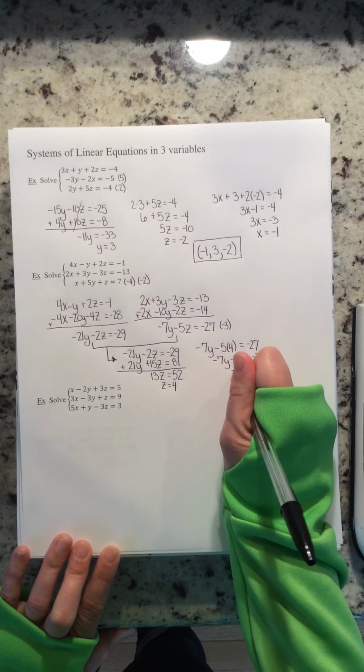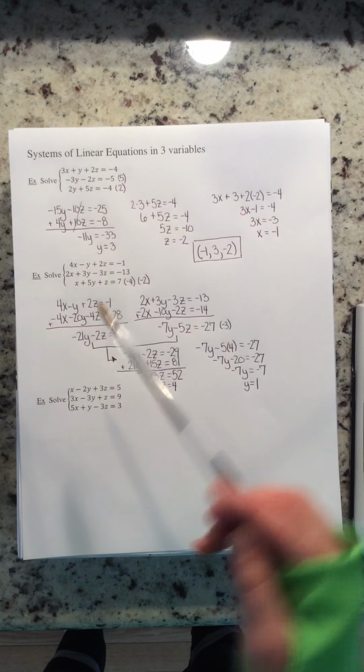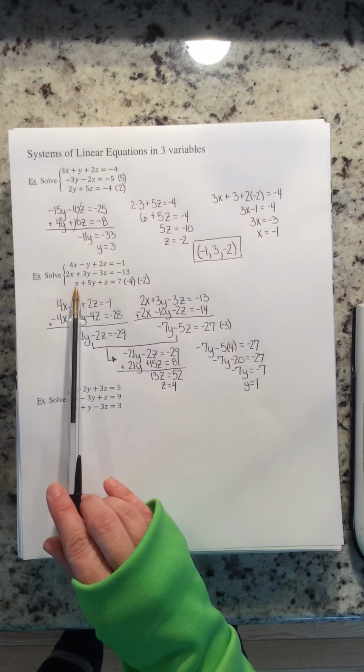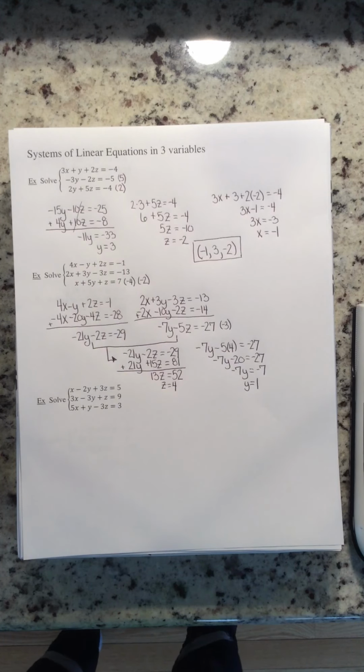Now when we're looking for x, we want to look at which of the original three equations looks the simplest. And when I look at equation 1, 2, or 3, 3 definitely looks like the easiest equation to me. So I'm going to grab that third equation. This time I need to find x, so I'll plug in the y, which we just found was 1, and I'll replace the z then with the 4 that we found back here.